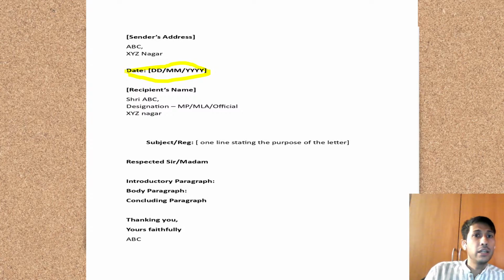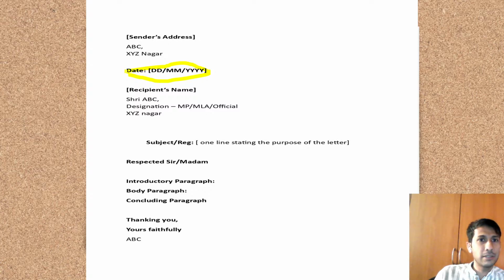Or you can also write 26th November 2024. Either is fine, or you can go date, month and year. So first the sender's address, that is yours, ABC and XYZ Nagar. Then comes the date. You can write 26th November 2024 like that, or in date, month and year format. Both will do.